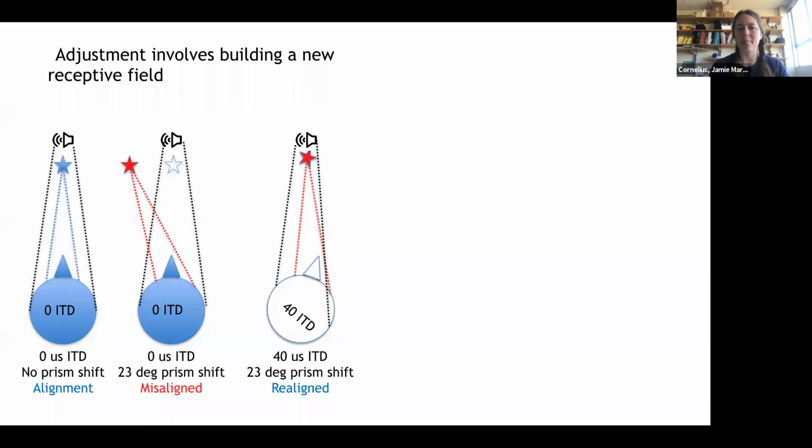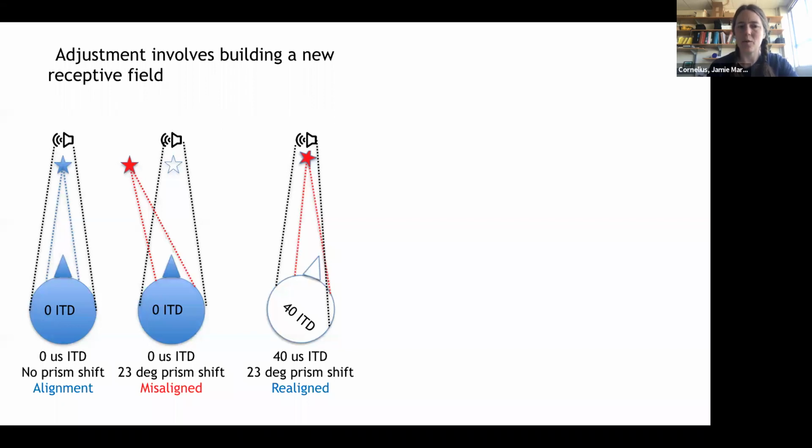And so what's going to happen over time is the bird's going to use that visual feedback to say that was wrong. What the head really needs to do, when it hears a sound, is shift where it looks in order to map it onto the new prism-shifted visual space. So in order to look at the object that was previously straight in front of the bird, if you imagine the body below it, the body's position hasn't changed.